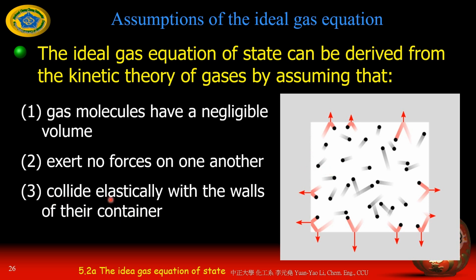If the speed comes in this way, the same speed will come out this way. So there is no energy exchange between the wall and the molecule. If you apply these three, then we can regard this system as an ideal gas system, and then the ideal gas equation can be applied.